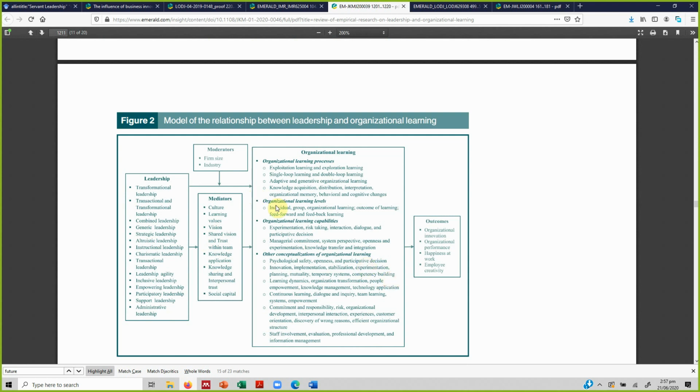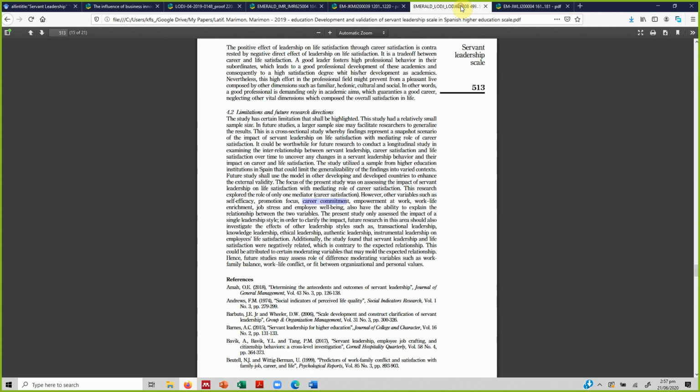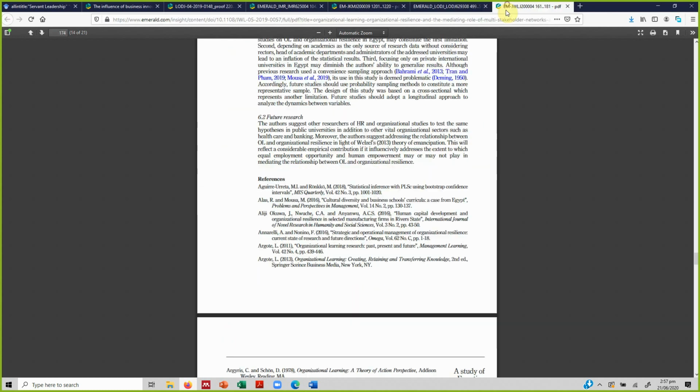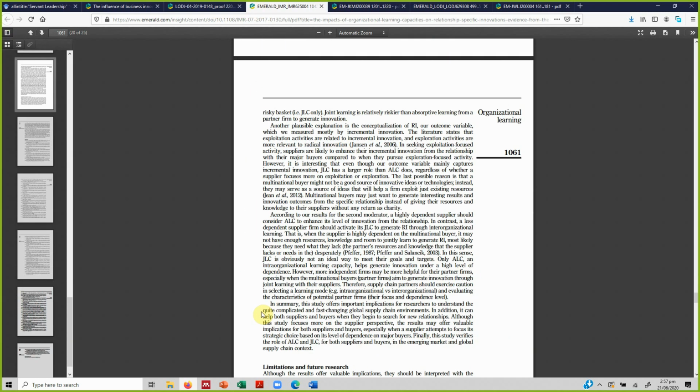For instance, let's say I take on organizational innovation, and because I checked the internet, the databases, I couldn't find any study, maybe. So I could add organizational innovation in my model. Or what I can do is, I've got another paper here. Yes, this paper. Look at the model of this paper.